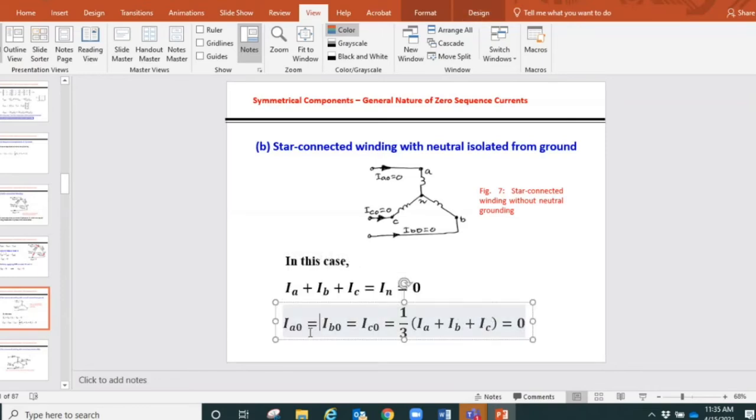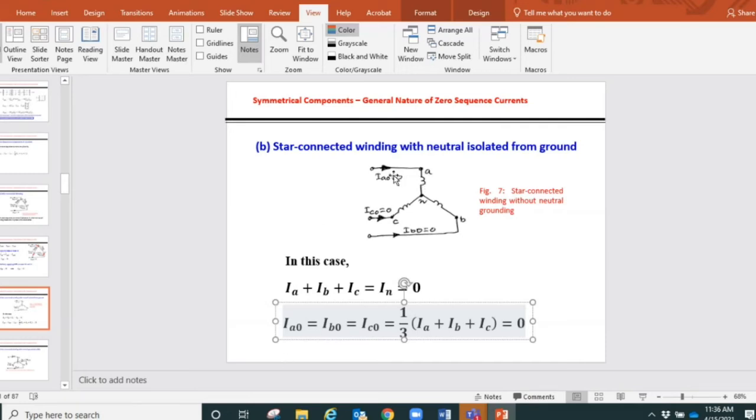So IA0, IB0, IC0 again become 0. Meaning if we have a star connection and the sum of the phase currents IA, IB and IC going to the neutral gives us 0, no zero sequence component of current will flow in the lines as well as in the phases.